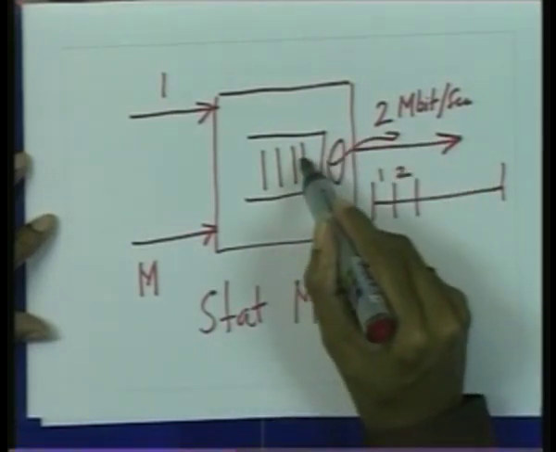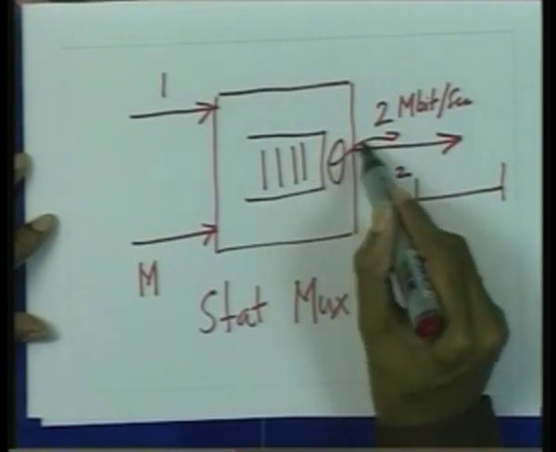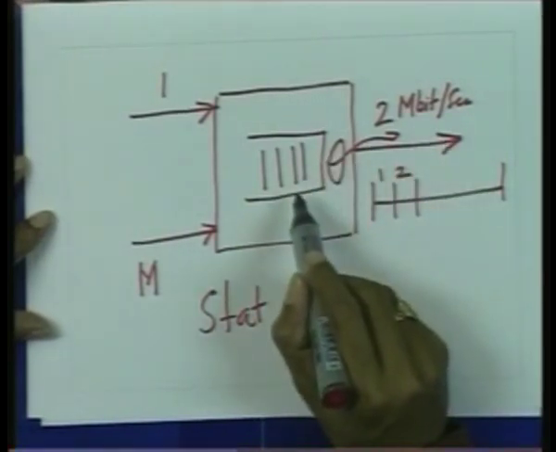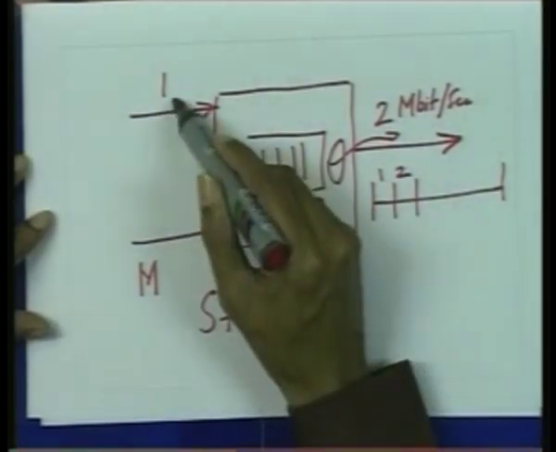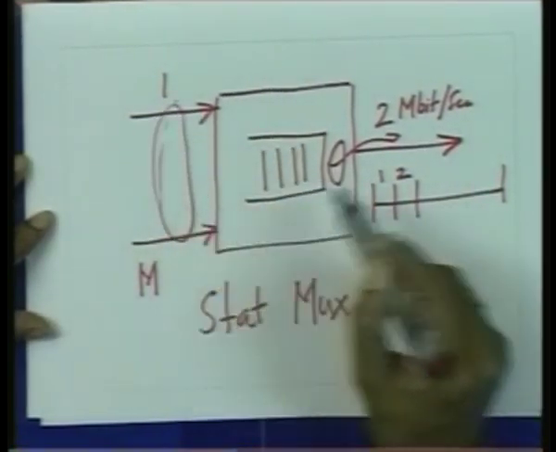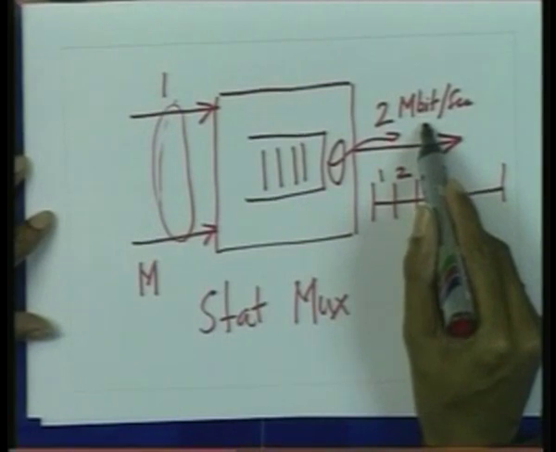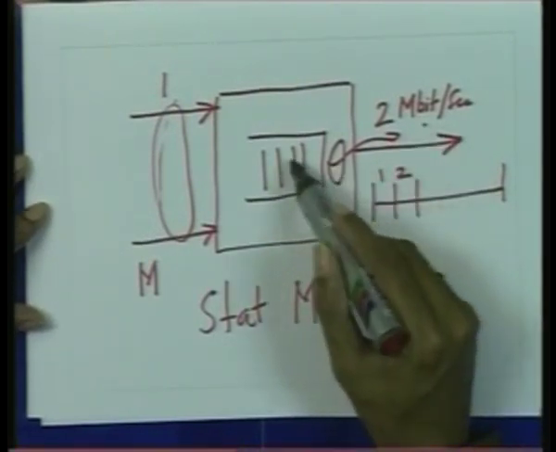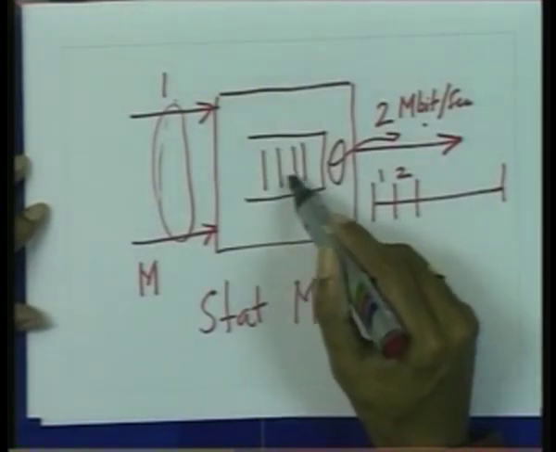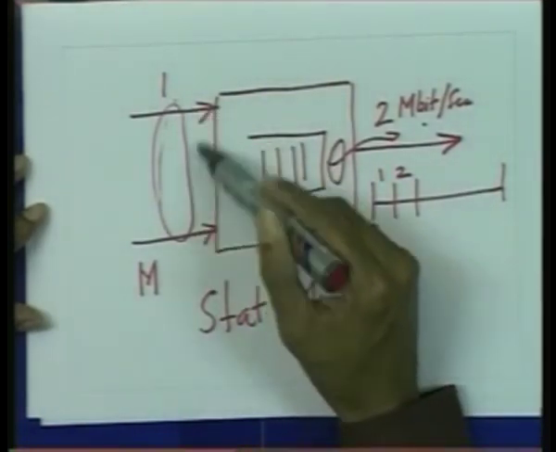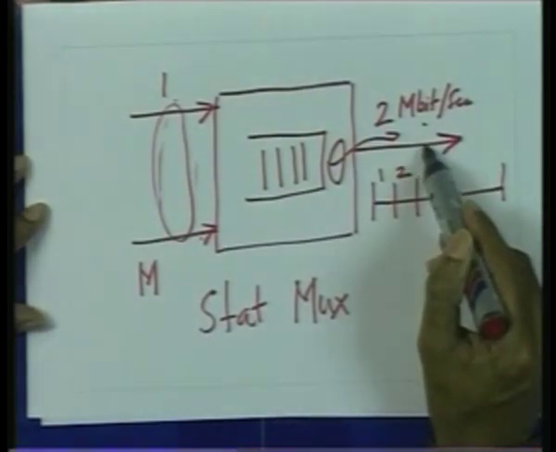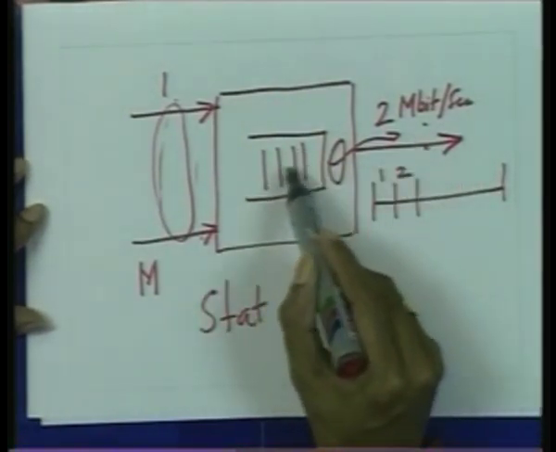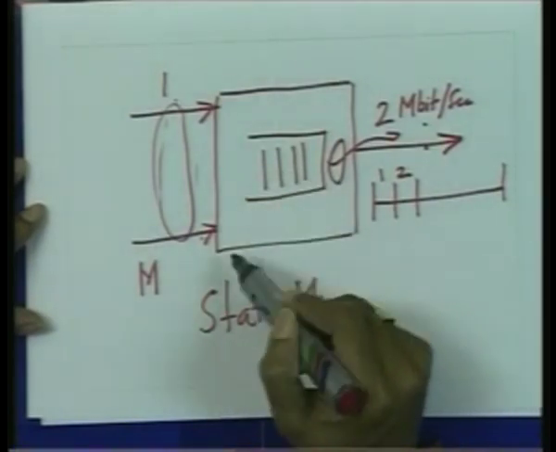It picks a packet one by one and then puts it onto the output link. Of course, if the combined data rate of transmission of these users is less than the output link capacity, then obviously there will not be any queuing. However, if the combined data rates exceed the output capacity, then these packets will be queued.